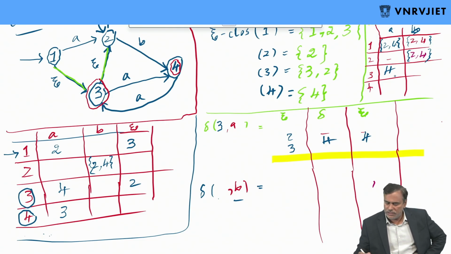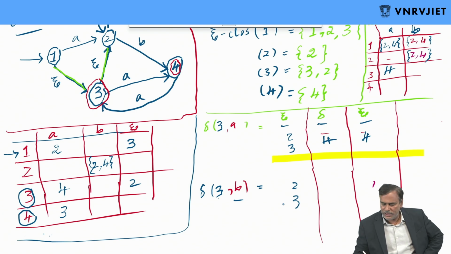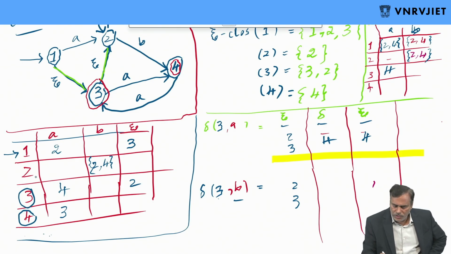In a similar fashion, you have to find delta of 3b. First, you have to find epsilon closure of 3. That is epsilon, delta, epsilon, right? So already we know the epsilon closure of 3, that is the same thing, 2, 3 itself. No need to rewrite, okay? If you want, you can take 2, 3. So this time you have to take the union of 2, 3 on B. 2 on B is 2, 4. 3 on B is blank.